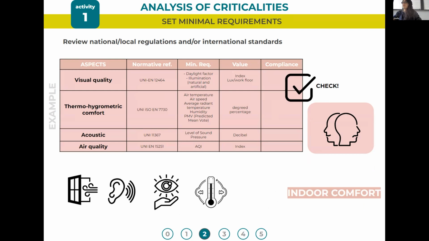For example, the aspects of comfort, visual quality, thermohygrometric comfort, acoustic, all of them can be referred to, in this case, national standards, referring, for example, to the daylight factor or to illumination, to the level of sound pressure, defining specific values at the base.